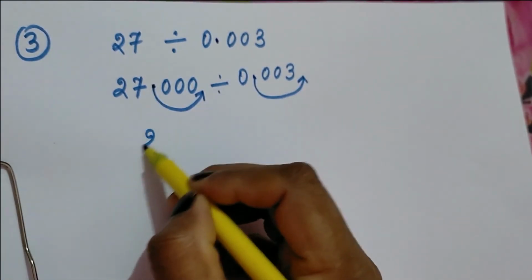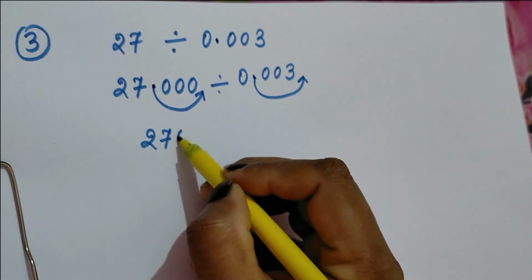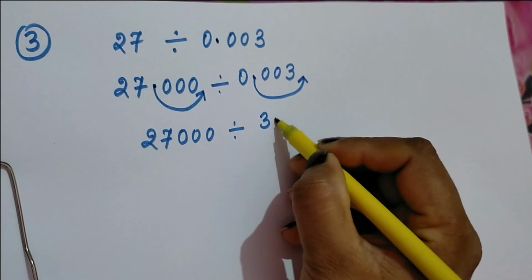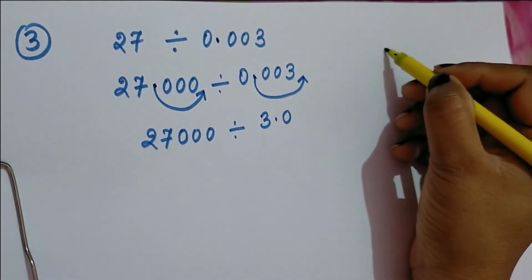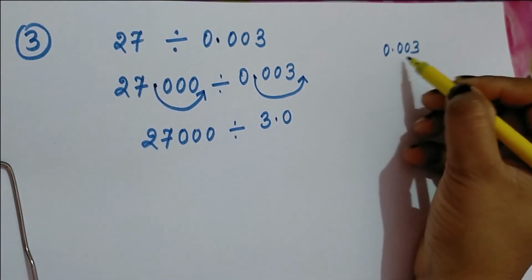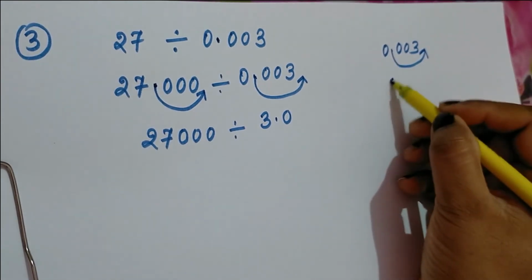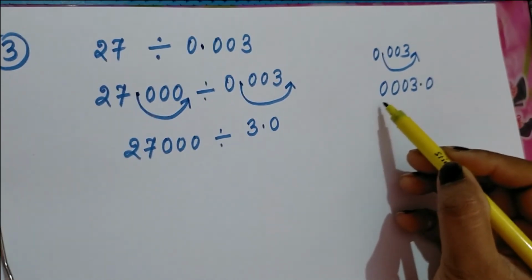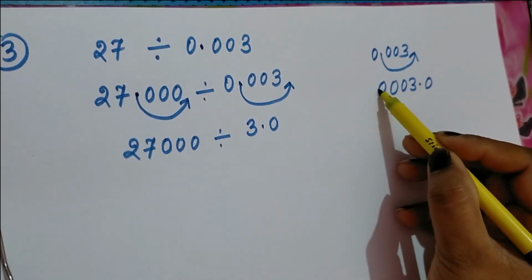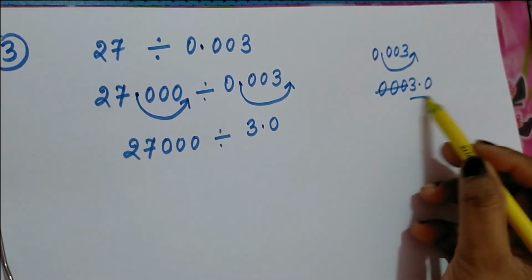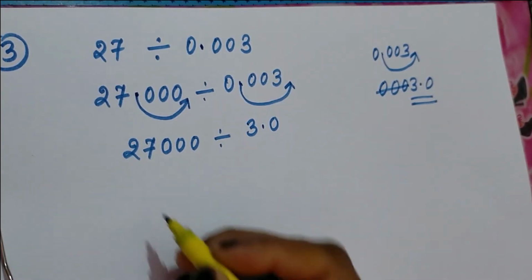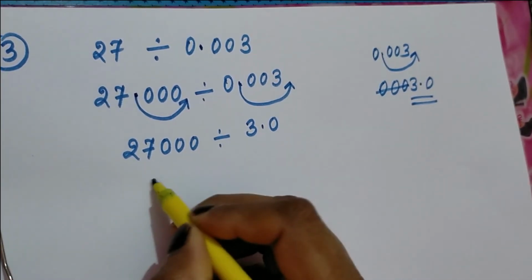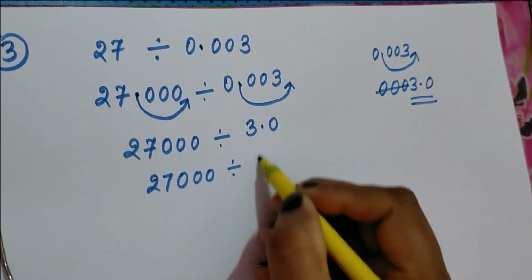So now the number is 27,000 divided by 0003.0, and we know that any number of zeros before a whole number has no value, so we can cut them and write directly 3.0. So now the number is 27,000 divided by 3.0, or we can write 27,000 divided by 3.